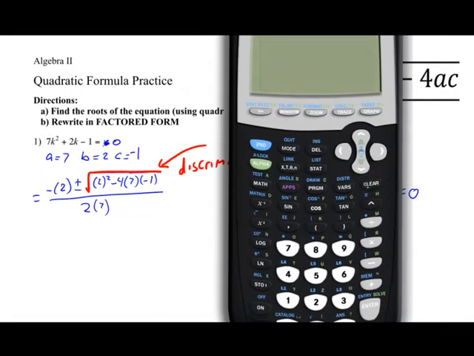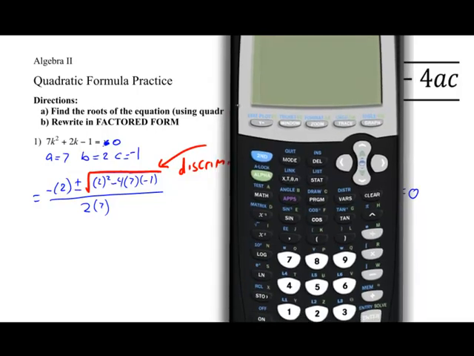Okay, so my discriminant is going to be parentheses 2 squared minus 4 parentheses 7 parentheses -1.